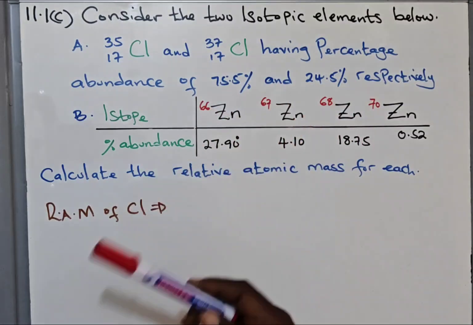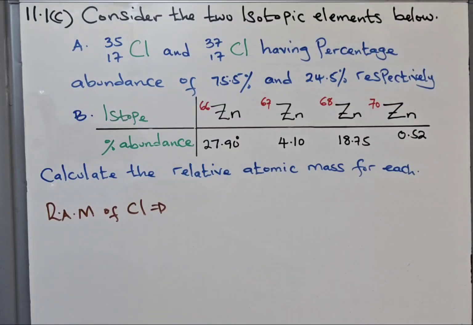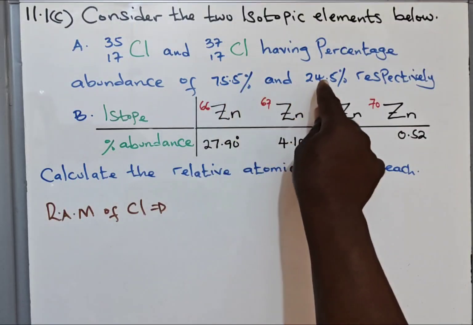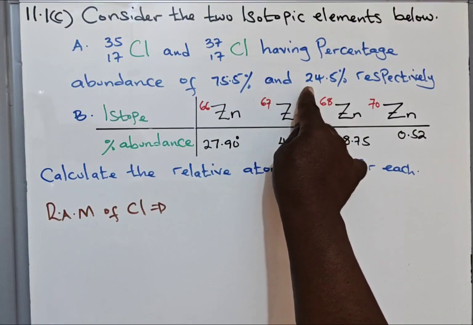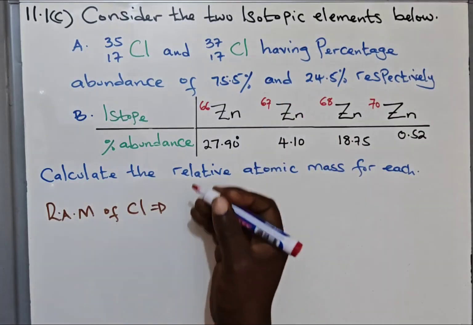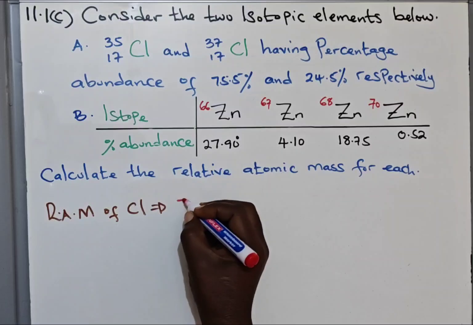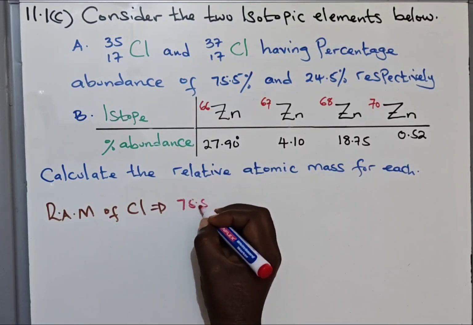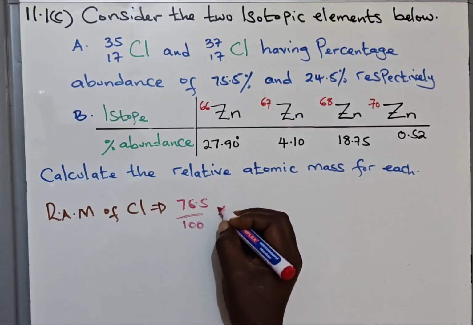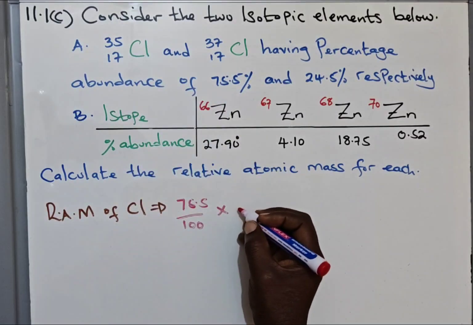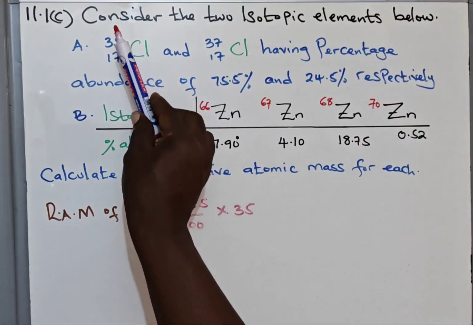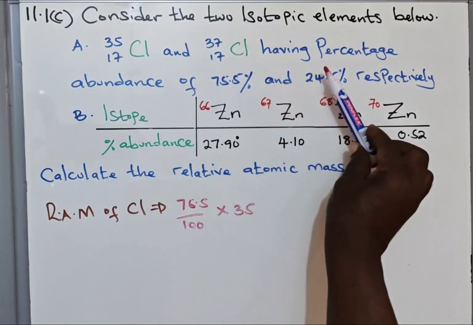There is a summarized formula which I normally avoid because it involves cramming, but by just dealing with the percentages, we can have a clear, straightforward formula. We have 75.5% over 100 times 35, respectively meaning in that order: this one is for this and this one is for this.